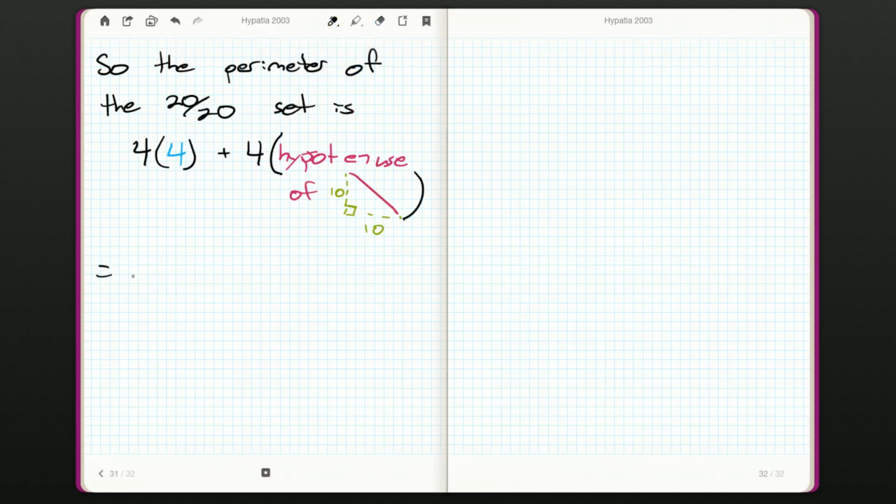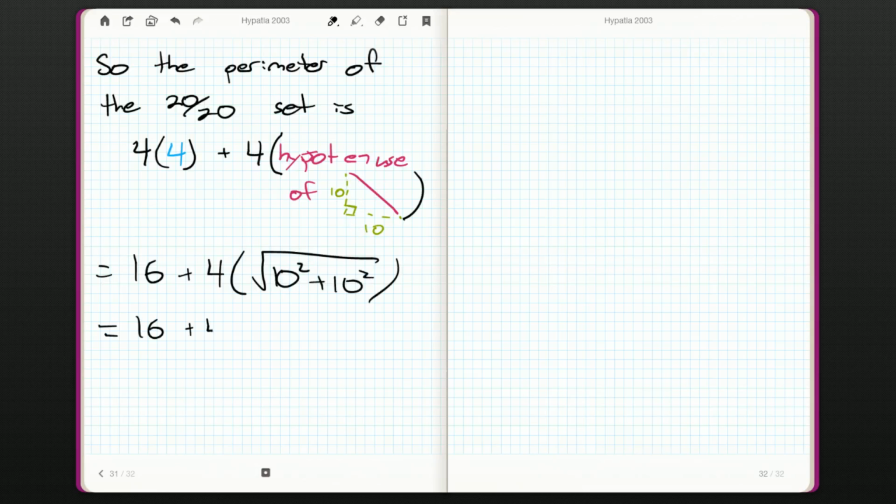Okay. So that's 16 plus 4 times the square root. We just used Pythagoras theorem. 10 squared plus 10 squared. The sum of the squares of the side lengths is equal to the square of the hypotenuse. So to find the length of the hypotenuse, we just take the square root here.